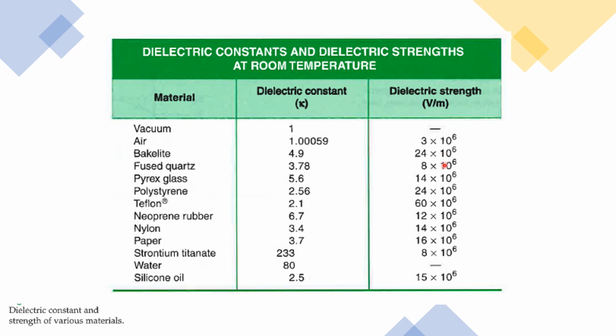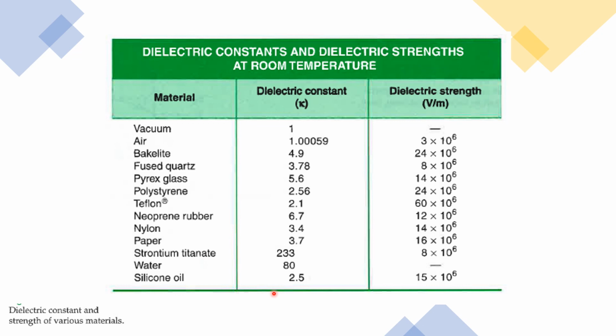K is not the same as that. This is voltage divided by the distance between the two plates of the capacitor. So this one is your permittivity divided by the permittivity of the vacuum, so it is a relative value that you're seeing.